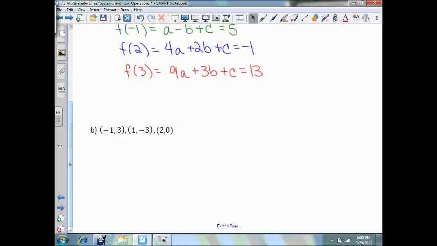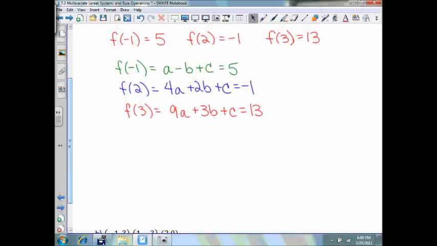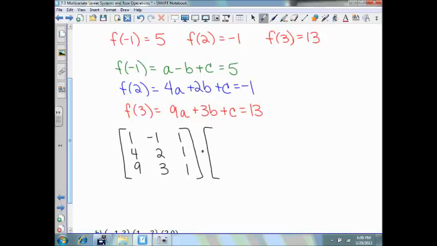Now again, we're going to use pretty much the same method we used in example 8. We're going to create a coefficient matrix and multiply it by a, b, c, because those are variables, and it's going to equal 5, -1, and 13.